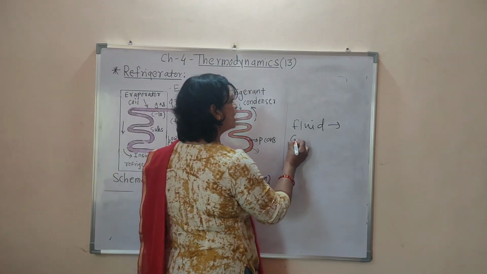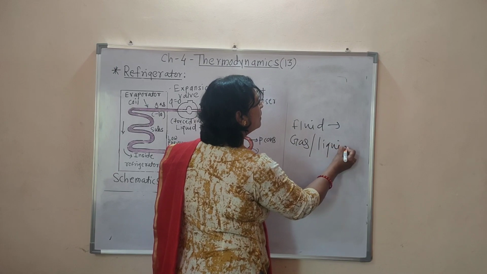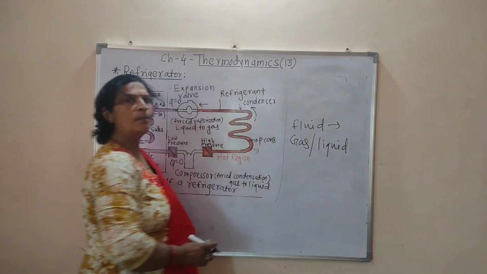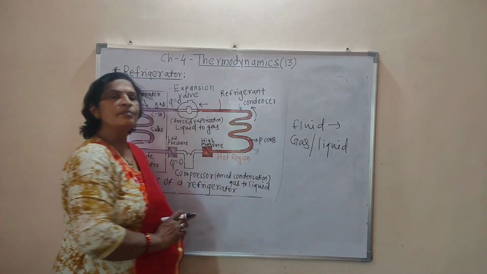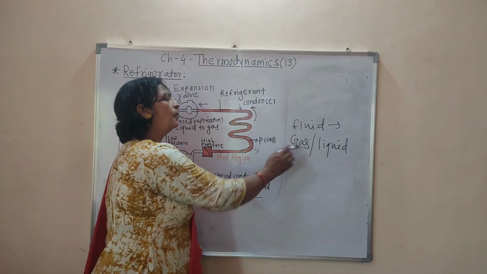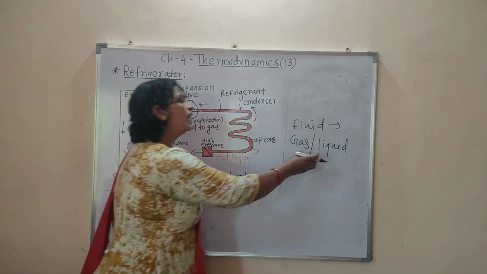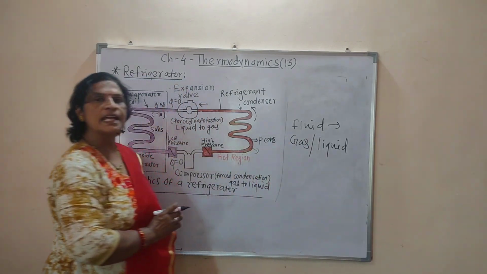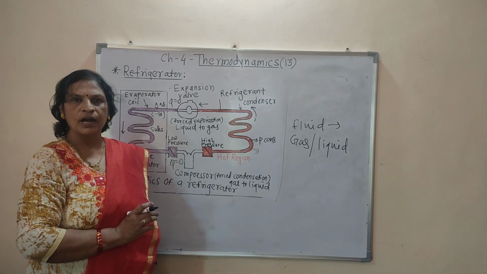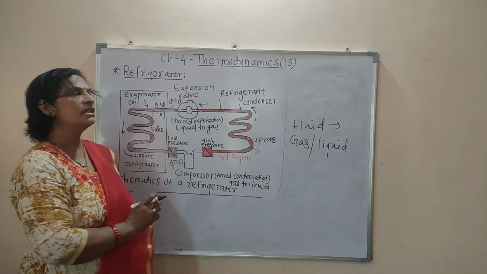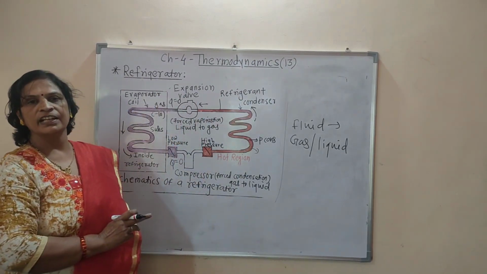All gases and all liquids are considered fluids because they are capable of flow, and therefore a refrigerant is a fluid, and it is present in both forms in the case of a refrigerator. It is present in liquid form as well as gaseous form, and a fluorinated hydrocarbon is used as the refrigerant in a refrigerator.